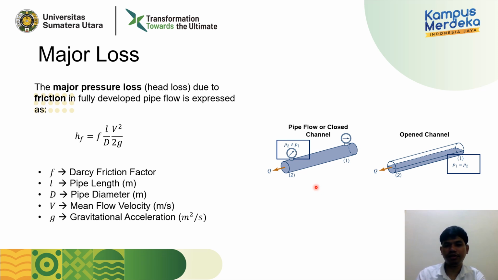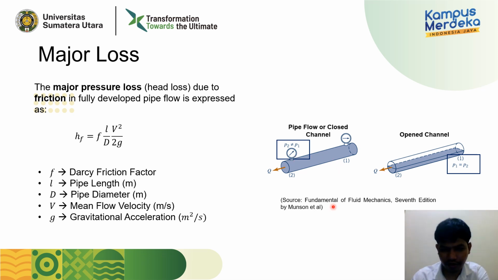In a closed channel, if we measure two pressures at two positions, first at position 1 and second at position 2, we will find that pressure 1 does not have the same value as pressure 2.